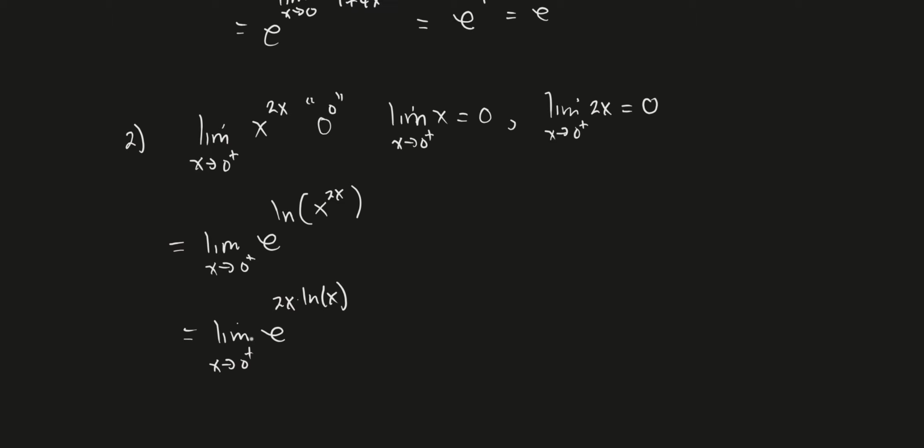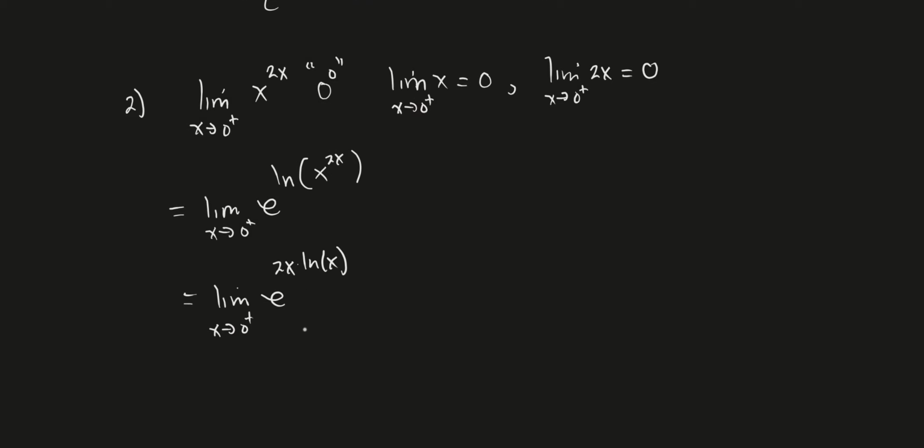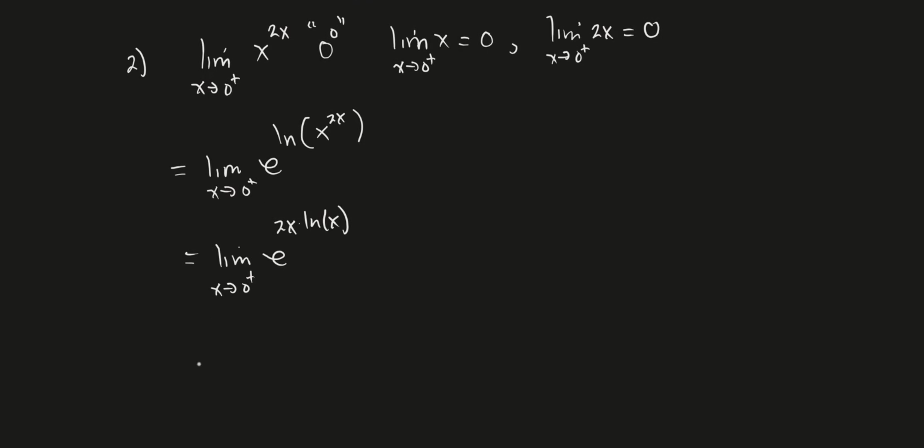And again, the base is now a constant, so I can figure out what happens to the exponent. So let's write that down and see what happens. So we have e to the limit as x approaches 0 plus of 2x times ln of x.